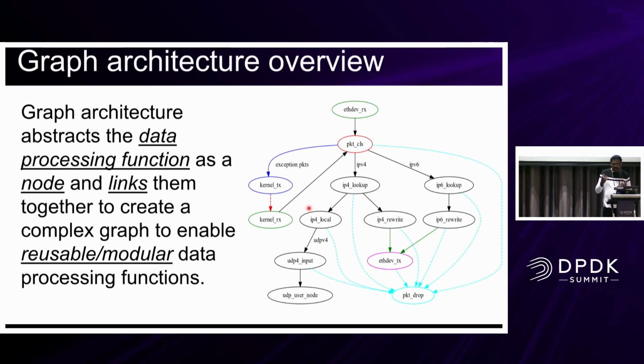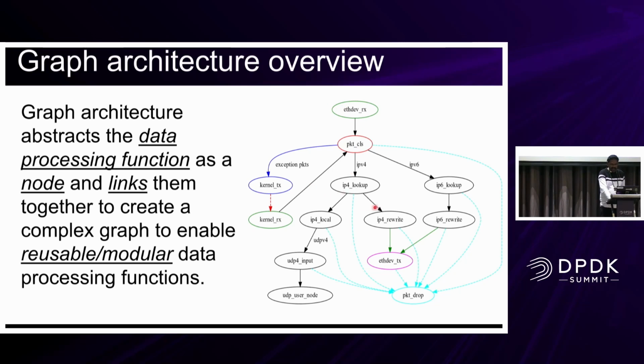Somebody else can write the node for you. Then in a given business use case, if you want to add pre-processing or post-processing to the node, you can create another node, stitch them together and create a graph. That's the high-level view of it.